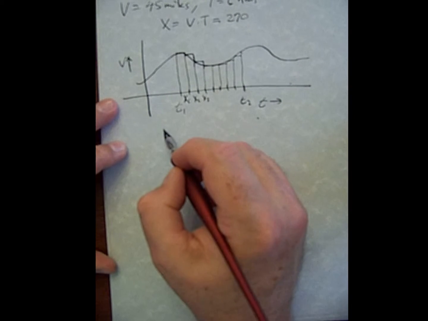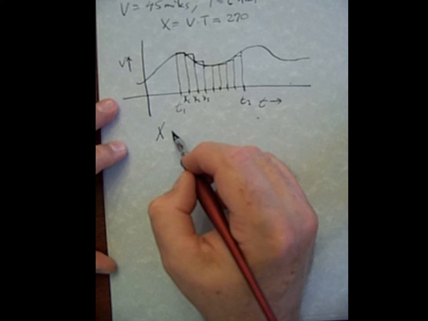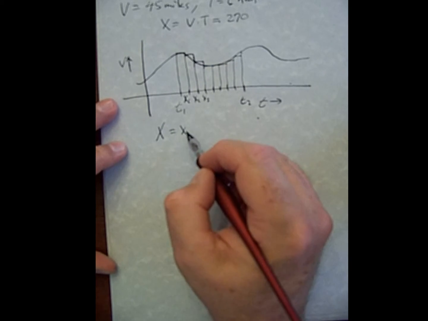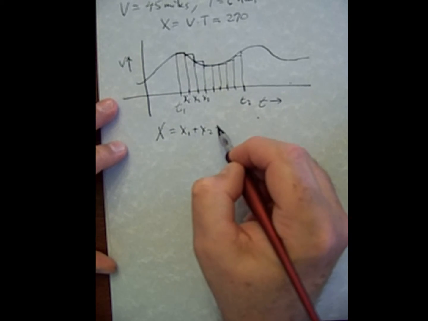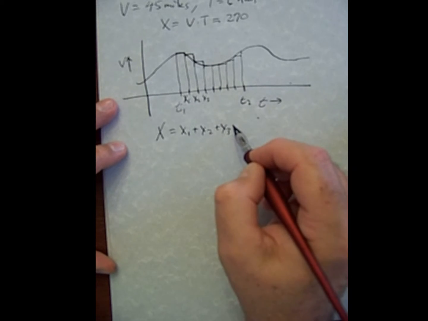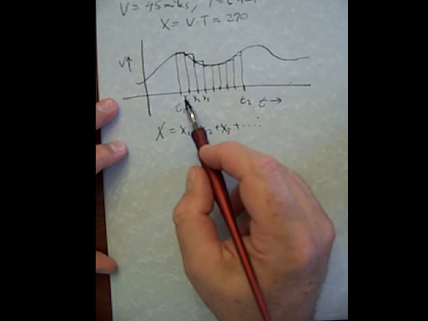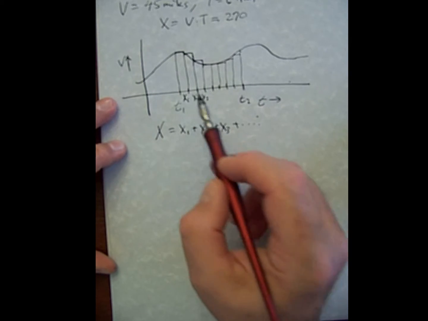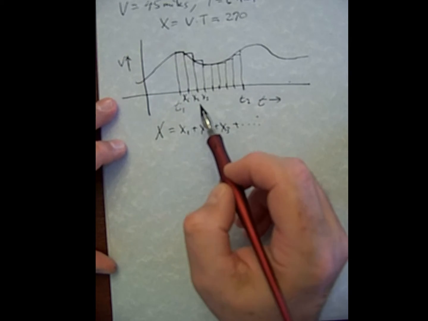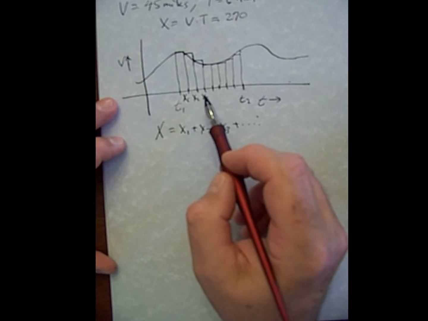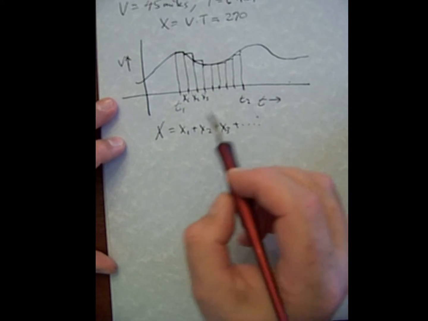So now I can say that my total distance x, well, obviously it's the sum of all these individual distances. It's how far I went in my first increment of time plus how far I went in my next increment of time plus how far I went in my next increment of time, and so on and so forth.